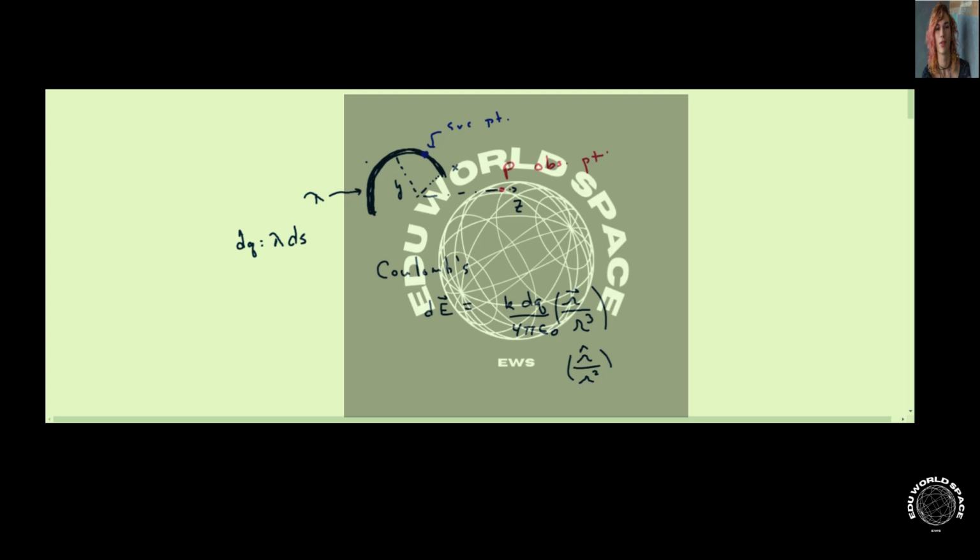So I've identified a little source point inside of that ring, and ds is the length of the arc at that point. So we'll give the circle a radius r, and ds is just r d theta, with theta going, of course, from 0 to pi as we integrate all the way around the half circle.